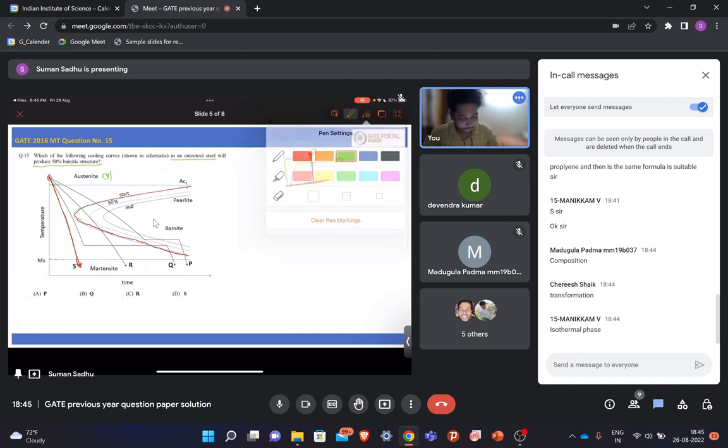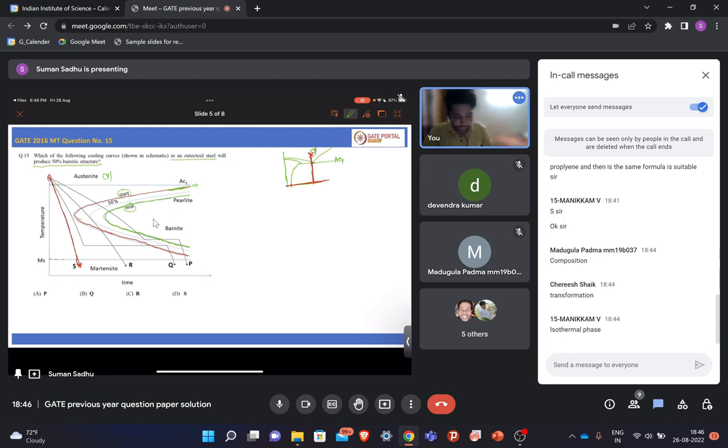This first C curve shows the transformation start curve, and this C curve shows the transformation end curve. The C curves show how much transformation you have at a certain temperature and time, that is, what percentage of those phases you will get. This idea comes from the CCT diagram or TTT diagram.